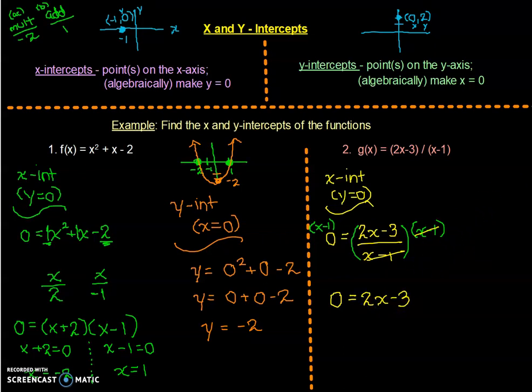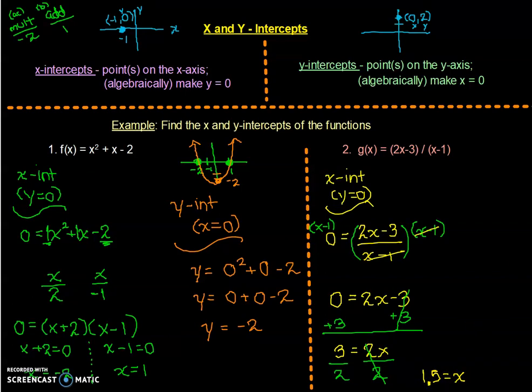So I'm going to add 3 to both sides, and I will get 3 equals 2x. And then from there, divide both sides by 2. So x will equal 3 over 2, which is 1.5. So on the x-axis, you'll just make a point at 1.5, the point between 1 and 2.